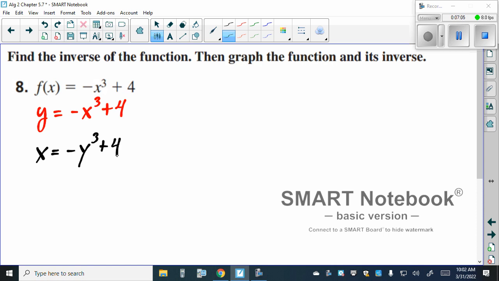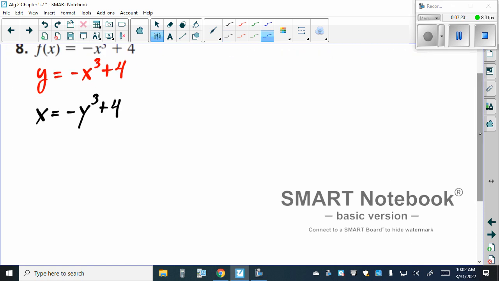So instead of writing the one in red, we can go straight to x equals negative y cubed plus 4. We don't have to write the step in red if it's not something that helps you process through this problem.